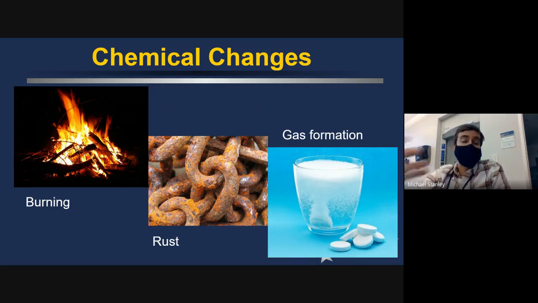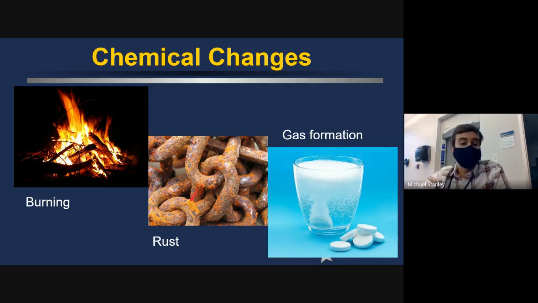So the properties of iron oxide are different from iron or oxygen, right? Iron, the metal, is smooth, it's shiny, it doesn't break very easily, whereas rust is brown, it's bumpy, it's super flaky. It'll flake off the edges of the iron.